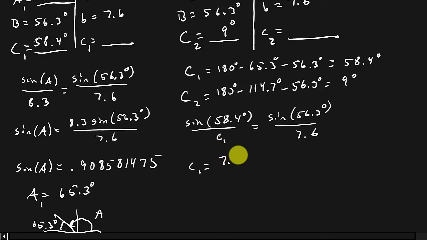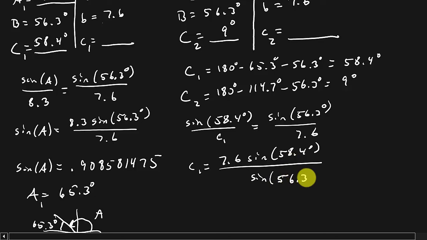That's going to be 7.6 times sine of 58.4 degrees over sine of 56.3. And so for C1, we're going to get 7.8. So that's 7.8.